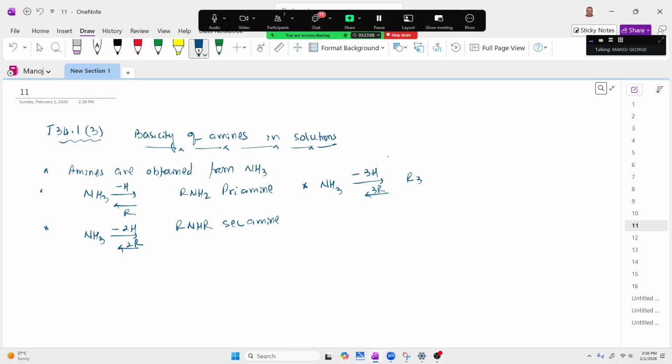In a very simple way, I get R3N. So this is my tertiary amine. Once again, you notice that a primary amine has two hydrogens. A secondary amine has one hydrogen on the nitrogen. A tertiary amine has no hydrogen on the nitrogen atom.